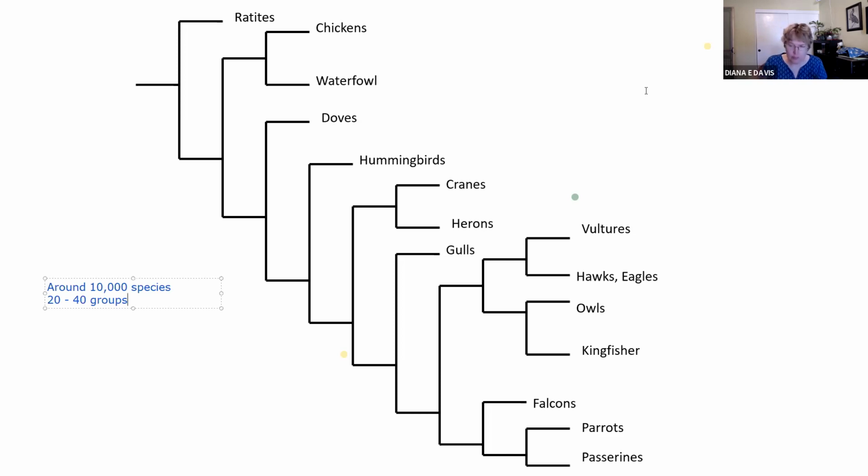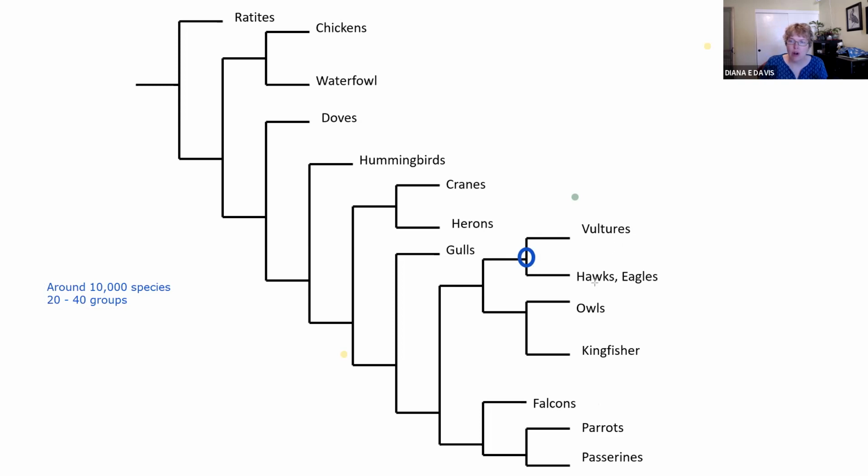So the way this family tree works is whenever you see lines coming back and intersecting at a point like this, that indicates a last common ancestor between these two groups.